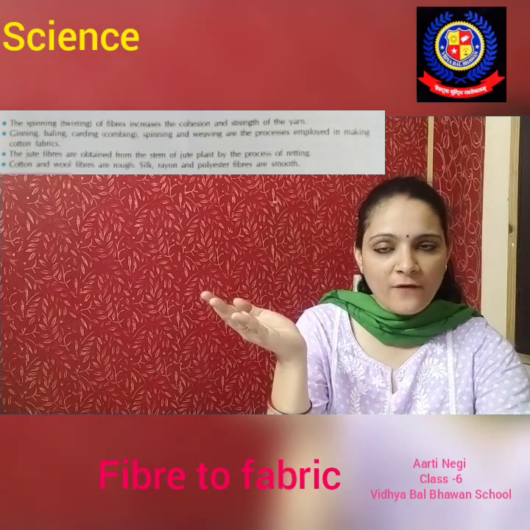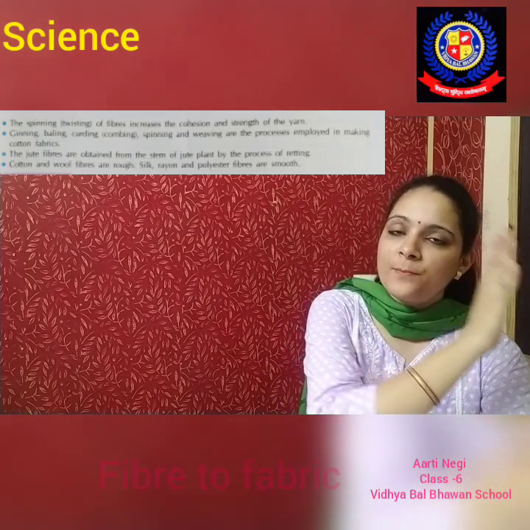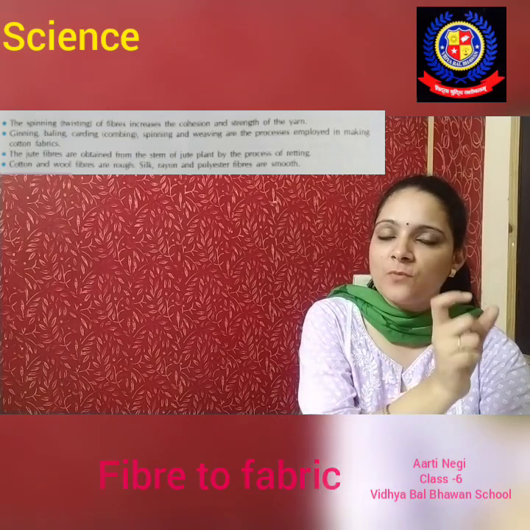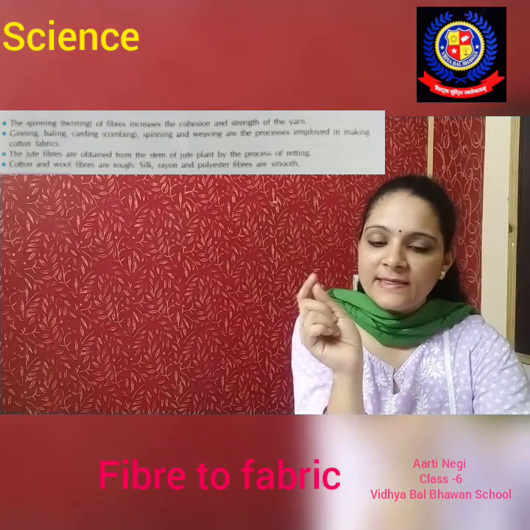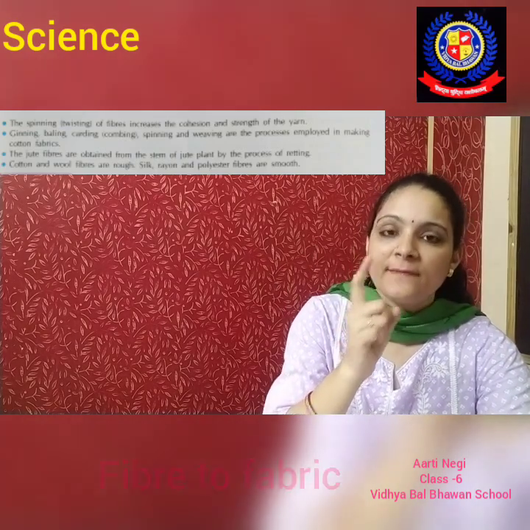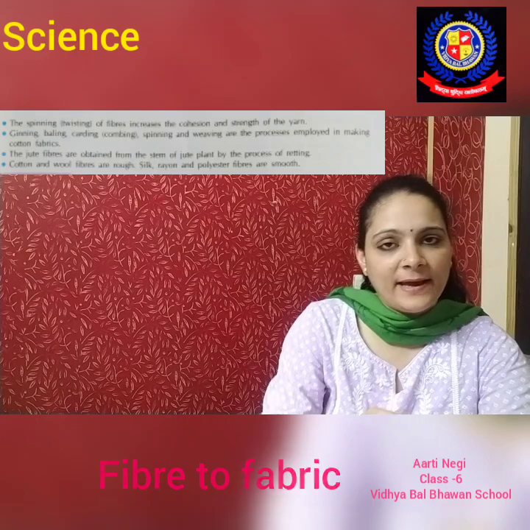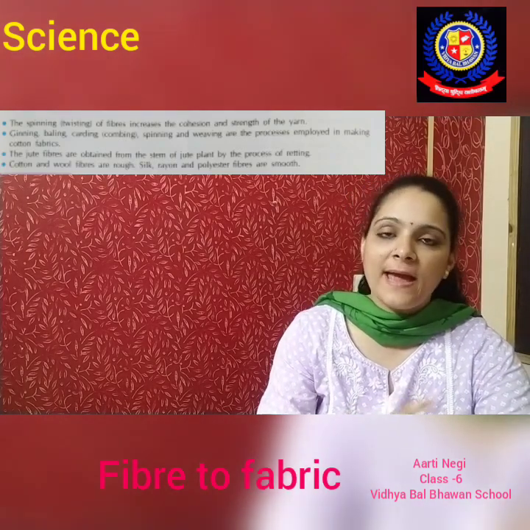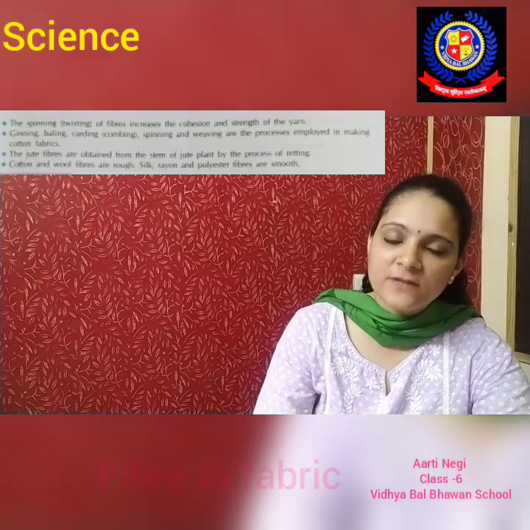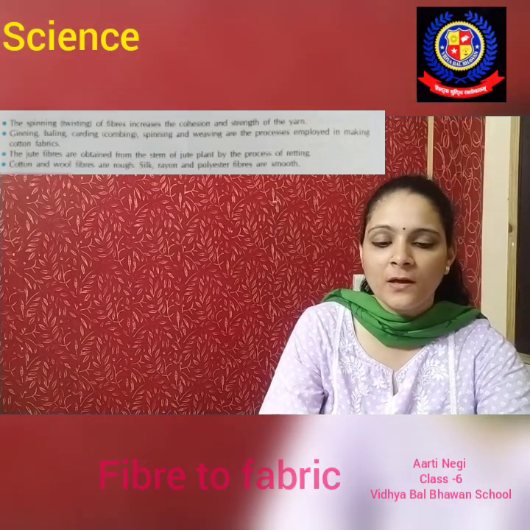It means after getting cotton from the cotton plant up to making cloth, there are many small steps involved, and these steps are ginning, then baling, then carding, then spinning, and at the end weaving. After weaving, the fabric is made, and according to our need, we stitch that cotton fabric.